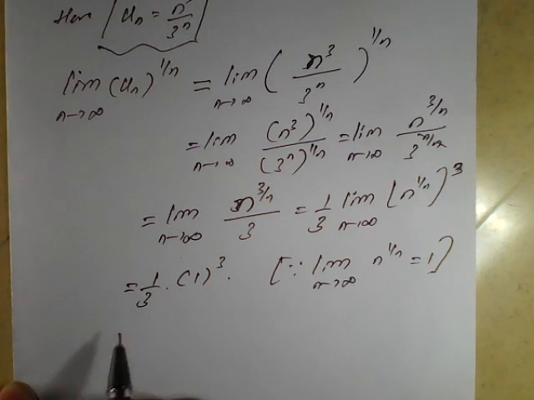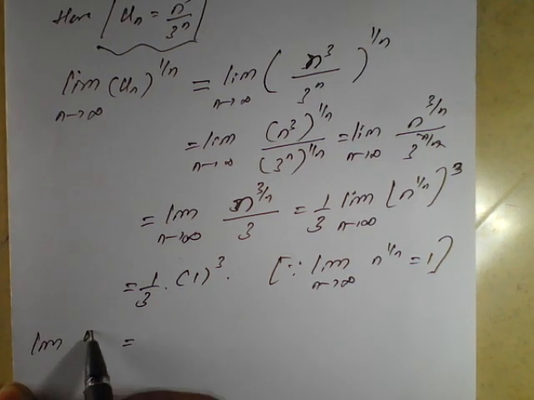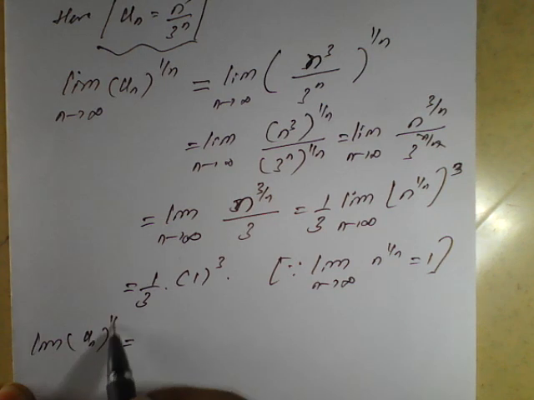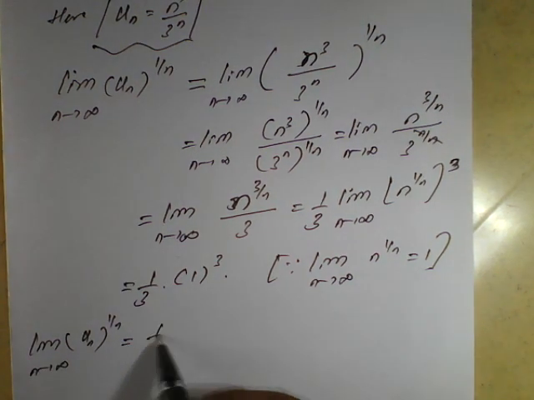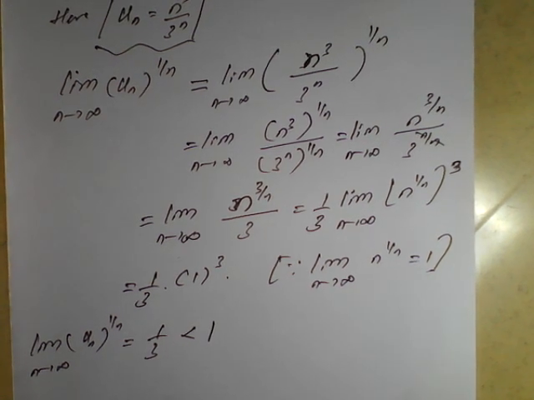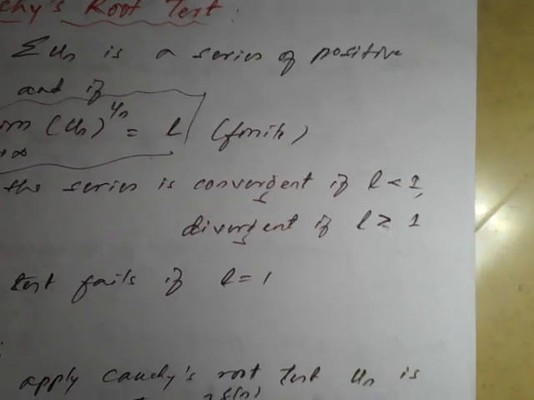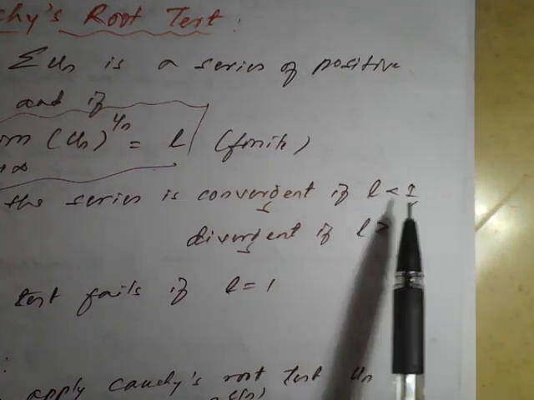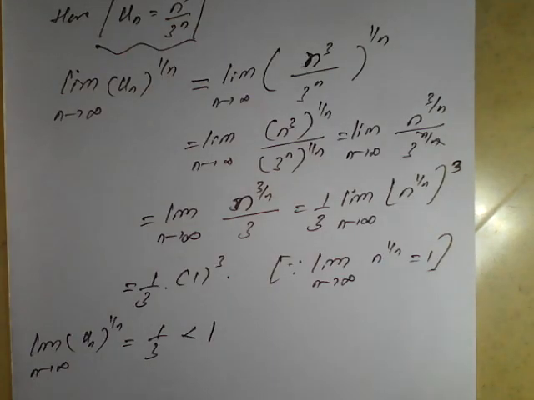Therefore limit un raised to 1 upon n as n tends to infinity is 1 by 3, which is less than 1. If the result is less than 1, we can say it is convergent.